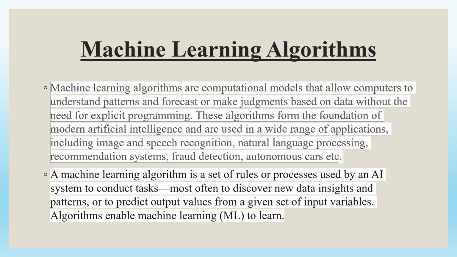So these models allow computers to understand patterns and forecast or make judgments based on data without the need for explicit programming. And actually, the algorithm is the foundation, or another way, the backbone of the AI. And it's used in a wide range of applications, including image and speech recognition, natural language processing, recommendation systems, fraud detection, and autonomous cars. Most of the things that we talked about earlier.